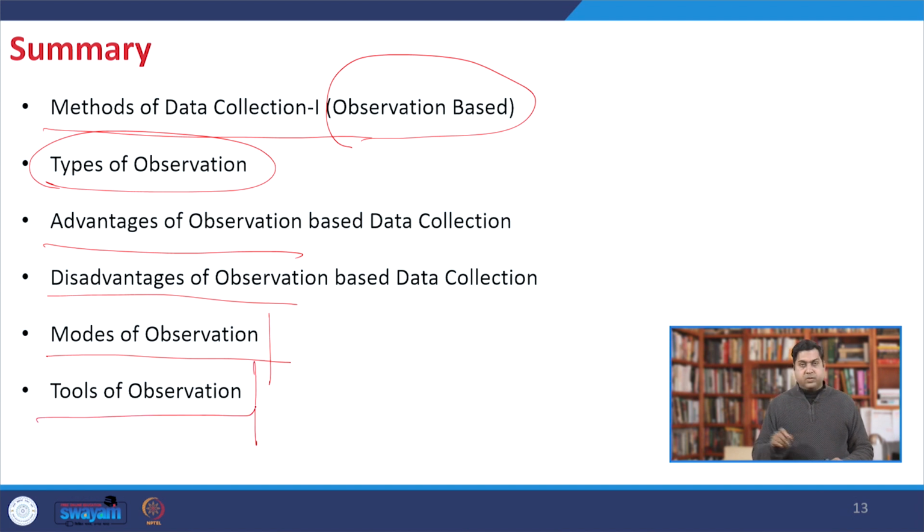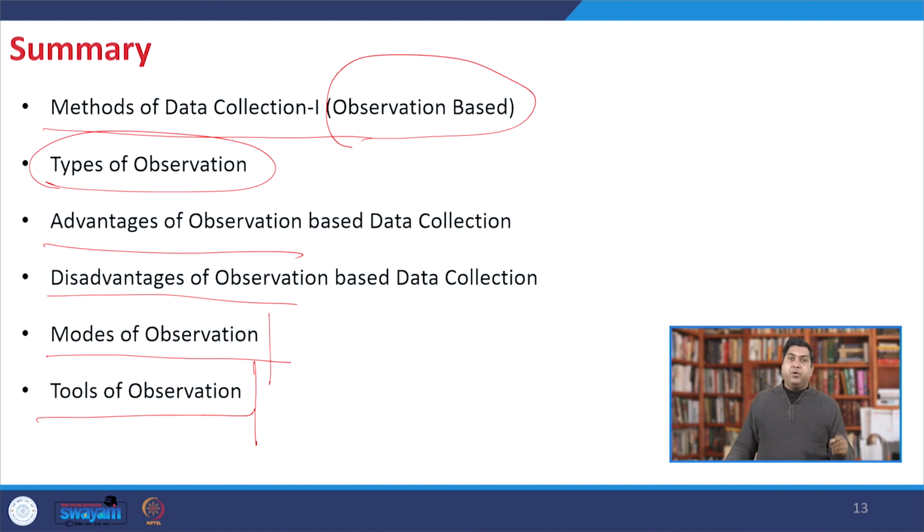Then the different tools: a drawing, an annotated diagram, photography, videography, or simple counting in some cases, like vehicle counts. You can take help of observation-based data collection for your research.